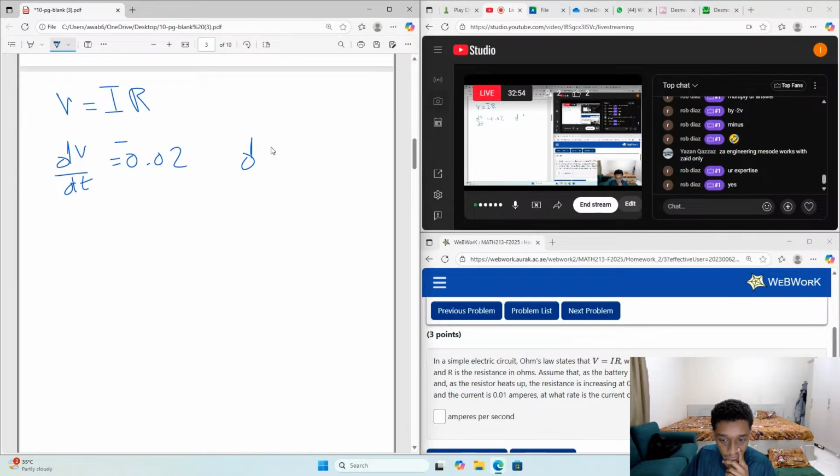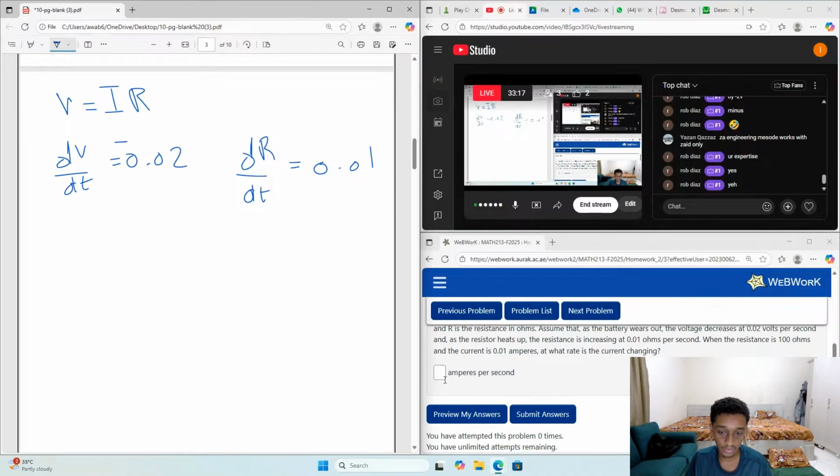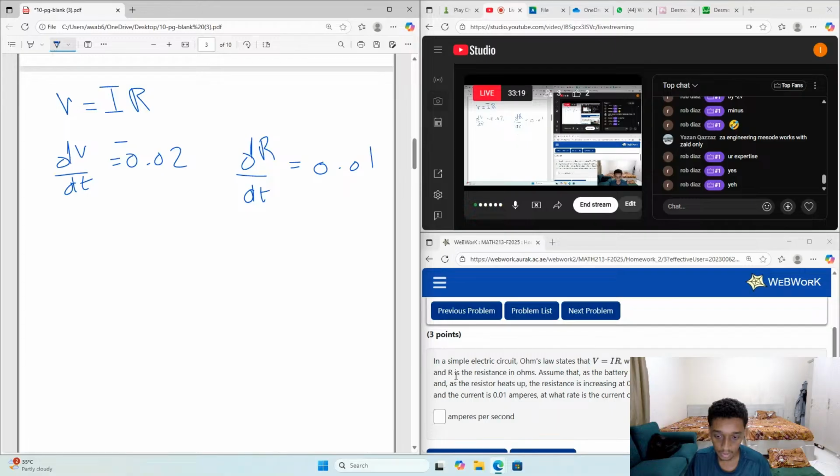Then dR over dt is increasing by 0.01, so leave it as positive. And the great question is, when the resistance is 100 ohm and the current is 0.01 amperes, at what rate is the current changing?